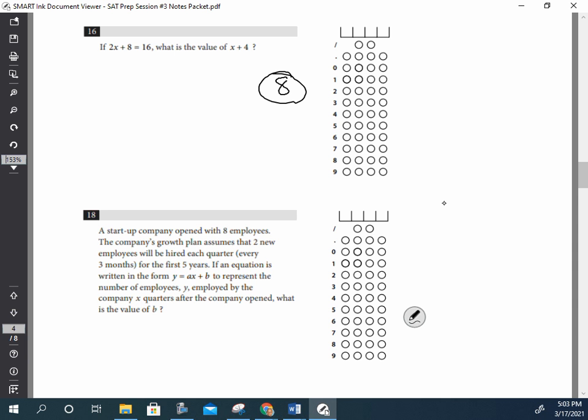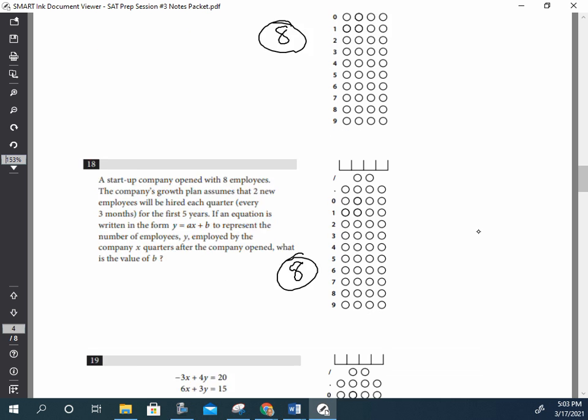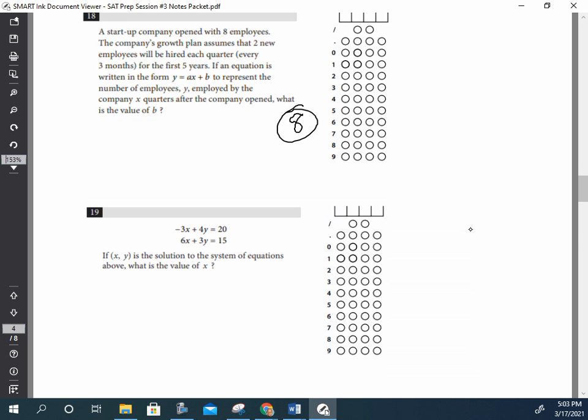For 18, the answer was 8. And for 19, the answer was 0. So those are the answers for the no calculator section.